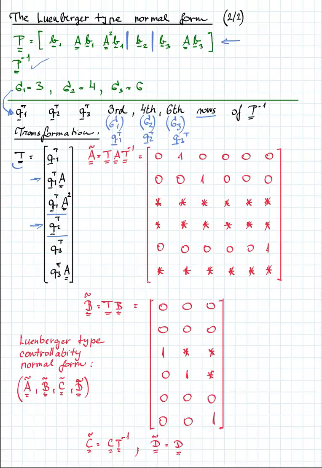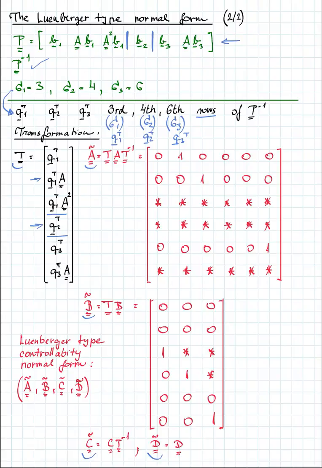If we use this transformation matrix T, we are going to get a new representation of the state space model: A tilde, B tilde, C tilde, and D tilde. These are the transformed representation of the system.